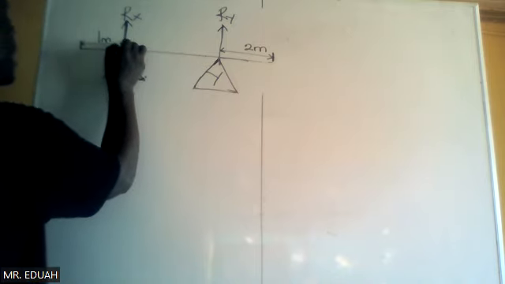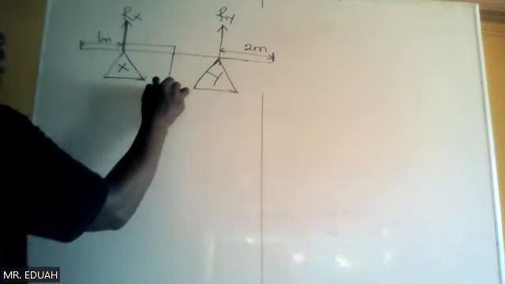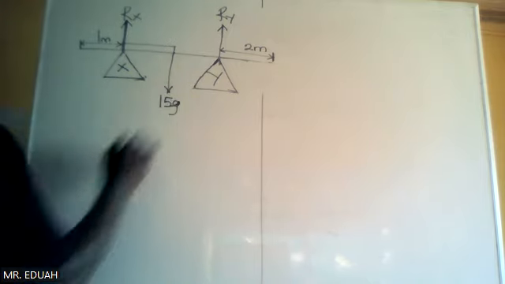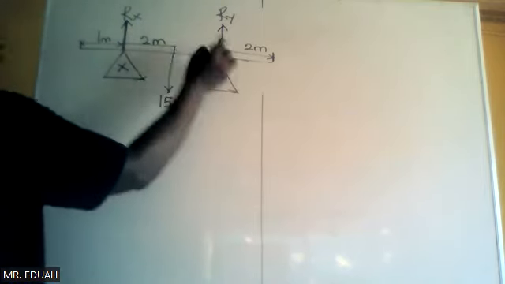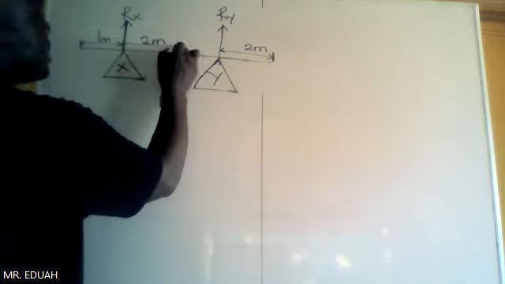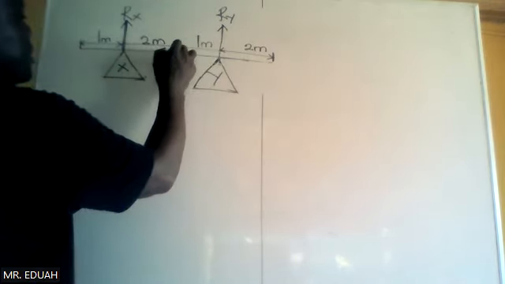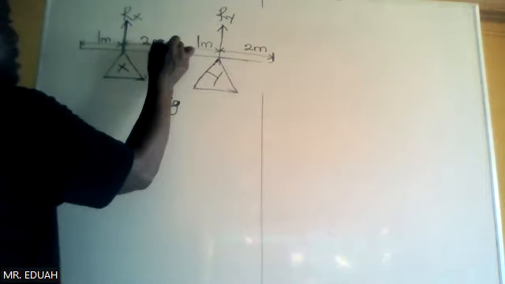From here to this point, we have the weight of the bar giving us 15 grams, and this is 2 meters away from X. From this point, the weight to this point, we have 1 meter away, as given in the question.